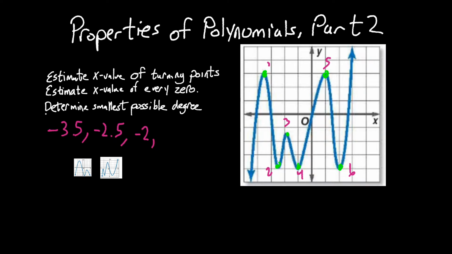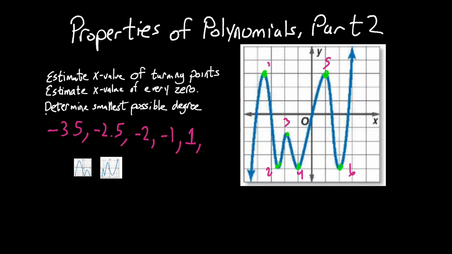For number 4, all the way down here, this one looks like it's definitely on x equals -1. So we'll say that that's at -1. Number 5 looks like it's at just about x equals +1. So we'll put a +1 here. And then lastly, number 6, all the way down here, and it appears it's at x equals +2.